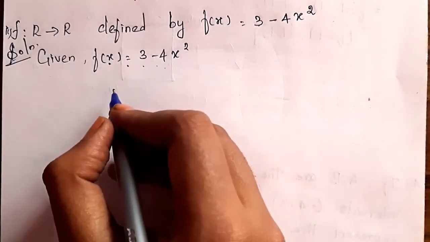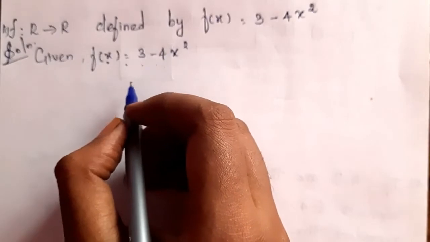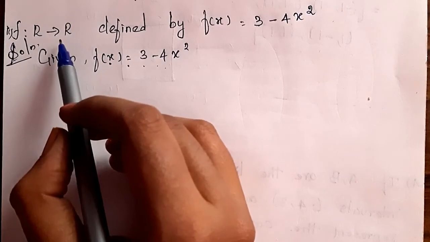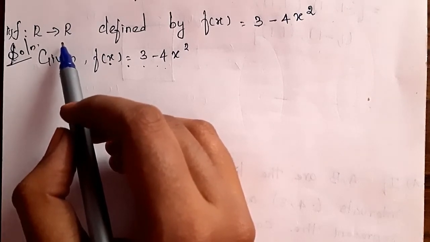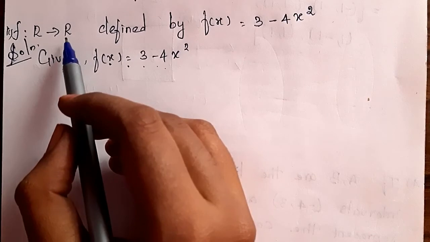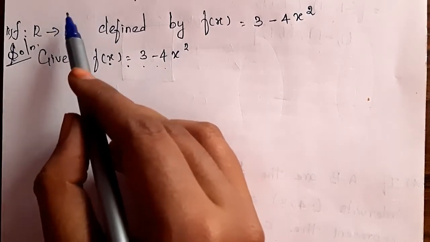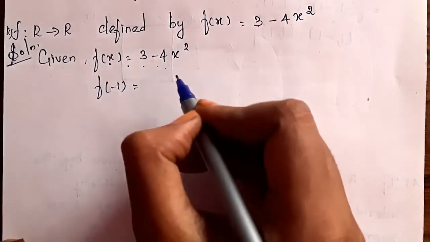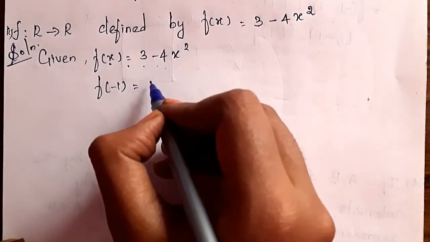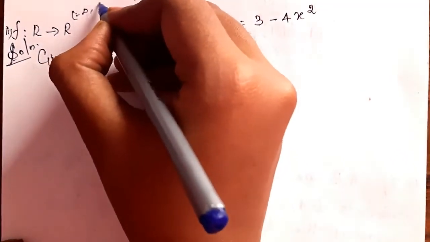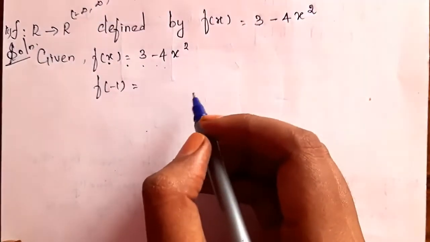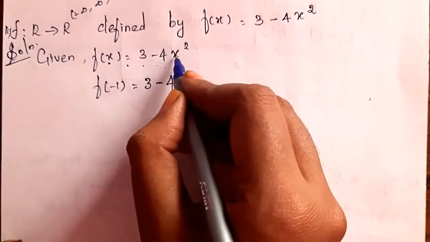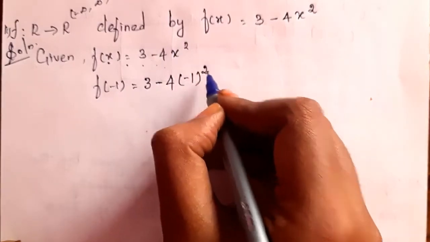Okay. Next, it is R. R means the set of all real numbers. It contains negative numbers, positive numbers, 0, also decimal numbers. It is the largest number system. Okay. So first I am taking minus 1. The reason why is, it is the interval minus infinity to infinity. 3 minus 4, in this place of x square, you can put minus 1.